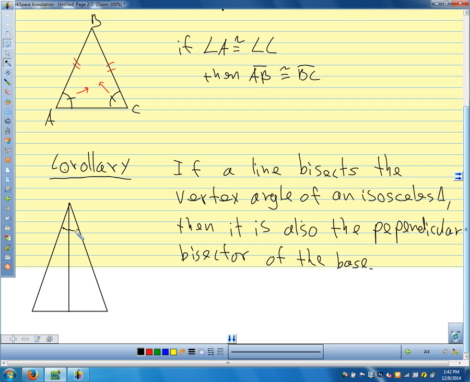If this line cuts the whole angle up there at the vertex in half, what do we know about these two angles? They're the same, they're congruent. So those two angles are congruent. This is an isosceles triangle. If this bisects this vertex angle, this is a 90-degree angle, and the base is bisected also. So if this segment cuts this angle in half, makes a 90-degree angle with the base, it cuts the base in half also.